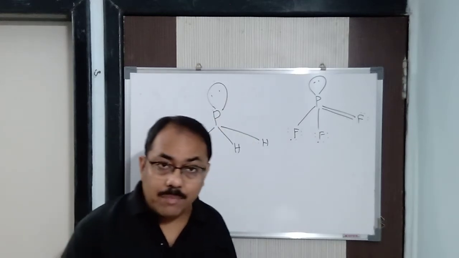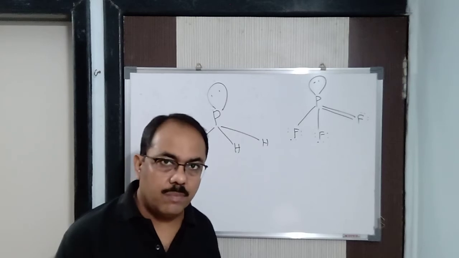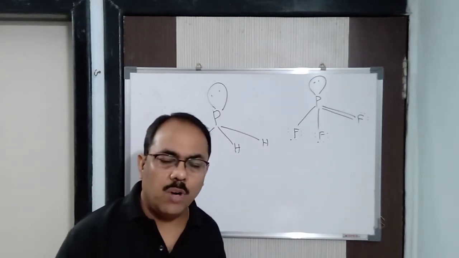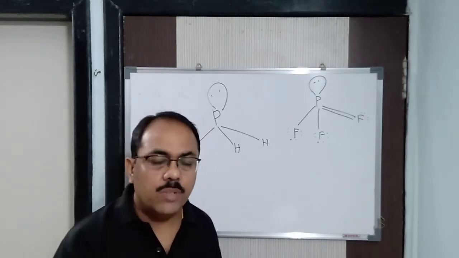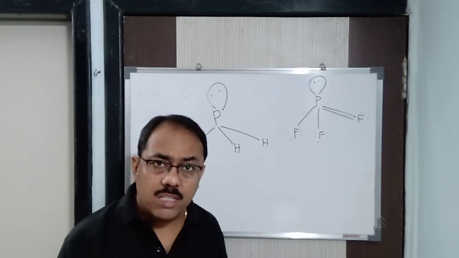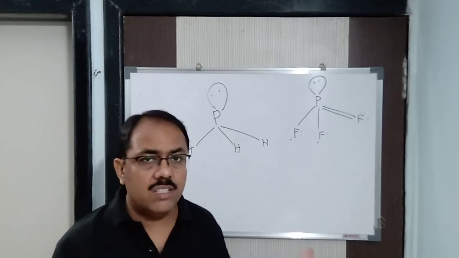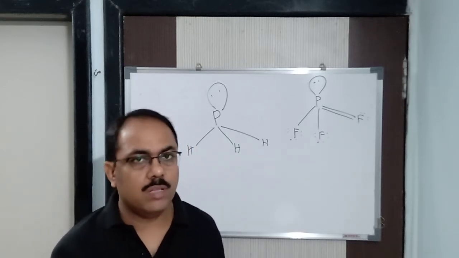And as the number of canonical structures increases, the stability also increases, because more canonical structures means the molecule is losing energy. As I told you in resonance, energy is distributed. The more the number of canonical structures, the more the energy is distributed, and the less energy there is in the compound, the more stable the compound is in nature.